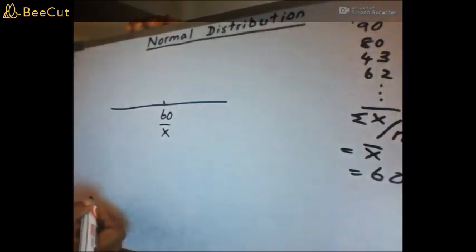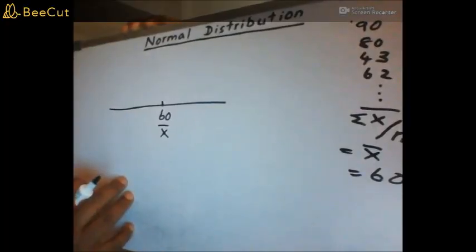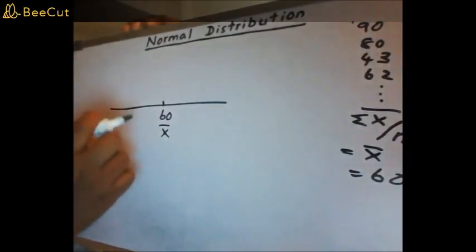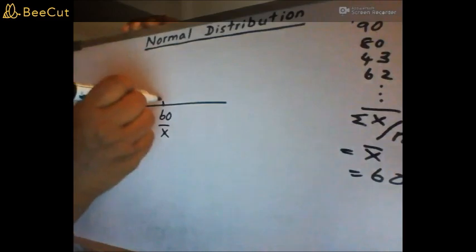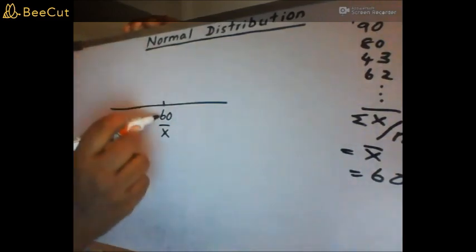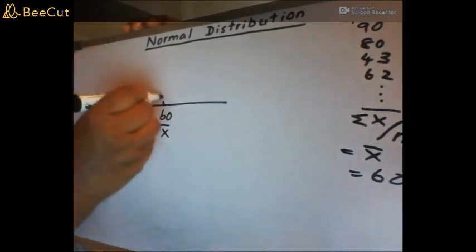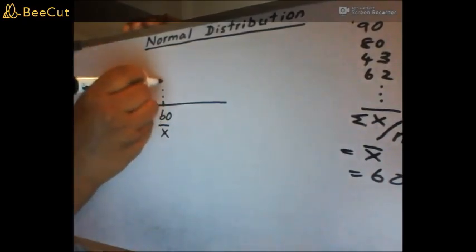Now, if we study the distribution of the marks, how the marks are scattered, we can see that the majority of students are around the average. Now, our average is 60. We'll say Amali got 60, Bimali 60, Dimali 60.